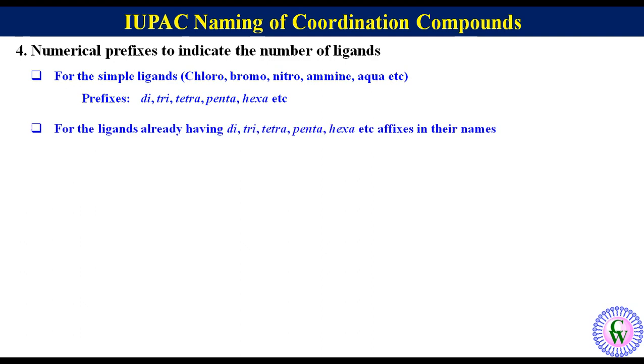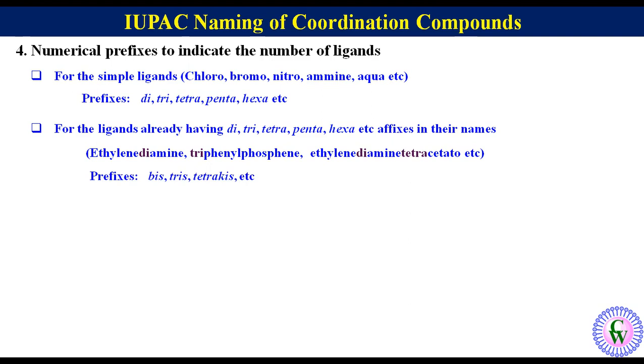In the case of ligands already having di, tri, tetra, penta, hexa, etc. in their names, like ethylenediamine, triphenylphosphine, ethylenediaminetetraacetate, etc., prefixes bis, tris, tetrakis, etc. are used to indicate their numbers.